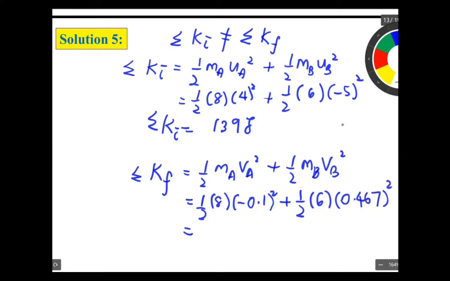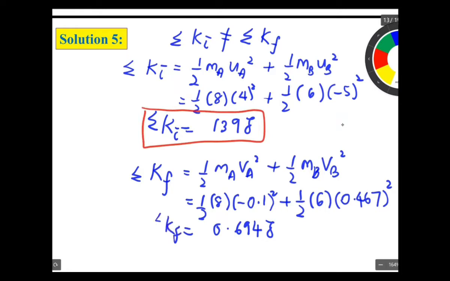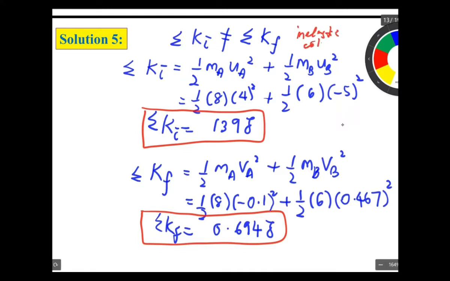You get the answer is 0.694 joule. Kinetic energy, unit dia adalah joule. So it's kinetic energy final. Okay. So the collision is inelastic. Ini sebab kinetic energy initial mesti tak sama dengan final. Inelastic collision. Tak sama. Kena buktikan dia tak sama.